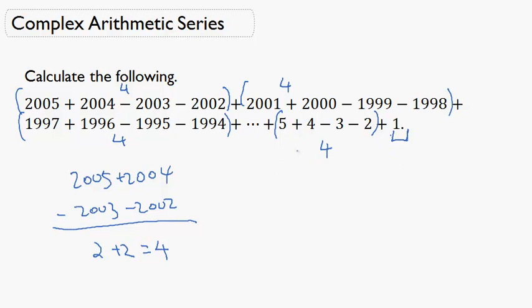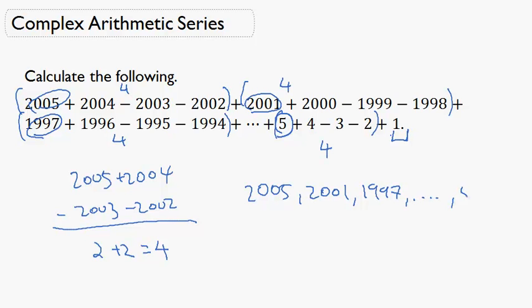So the question is, how many 4s are there? Well, how do we figure this out? One thing we could do is look at the first terms of these groups, right? We have 2005, 2001, 1997, so we have a series that goes 2005, 2001, 1997, all the way to 5.